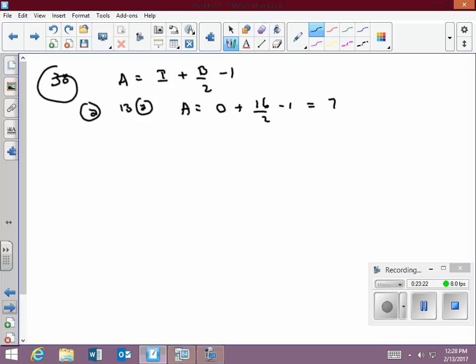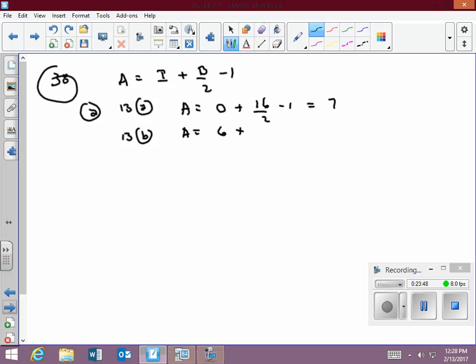So then what is 13B? How many interior points are there? 6. There's 6, right?